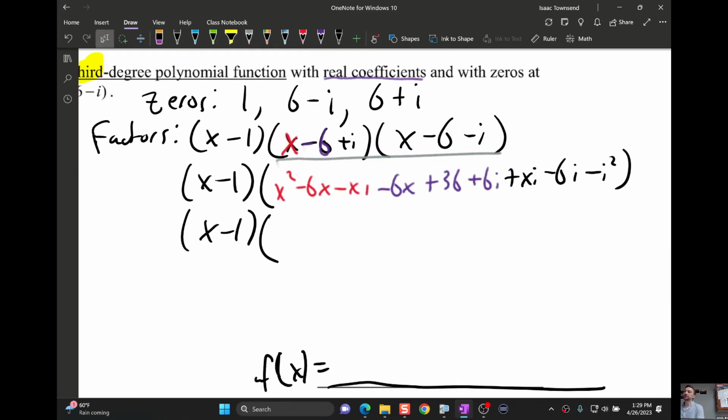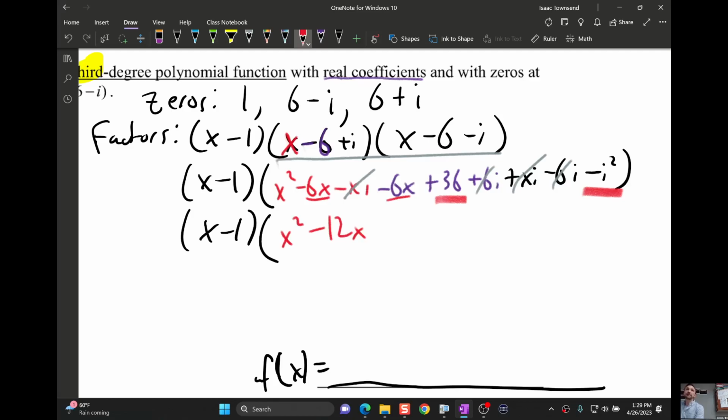Combine your like terms. Xi minus xi, 6i minus 6i. We've only got the 1x squared. We've got minus 12x's. And then what did these two combine to be?